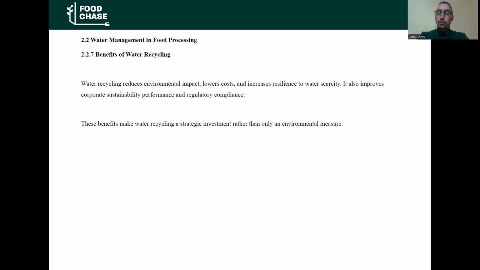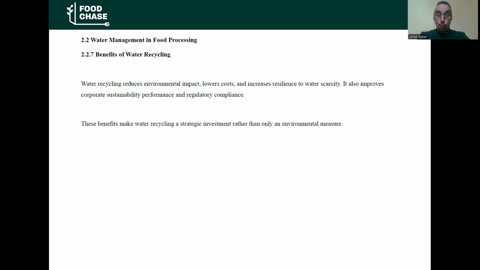About the benefits of water recycling, there are a lot of benefits. Water recycling reduces environmental impact, lowers cost, and increases resilience to water scarcity. It also improves corporate sustainability performance and regulatory compliance.